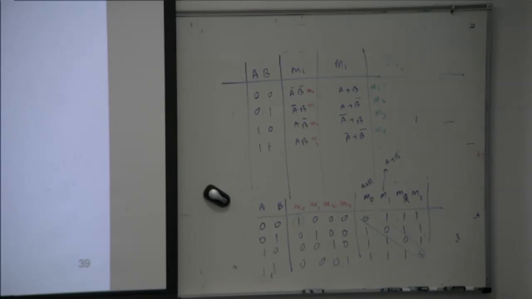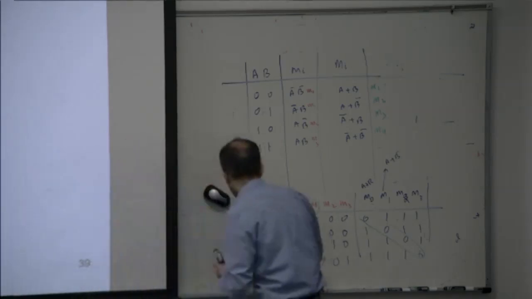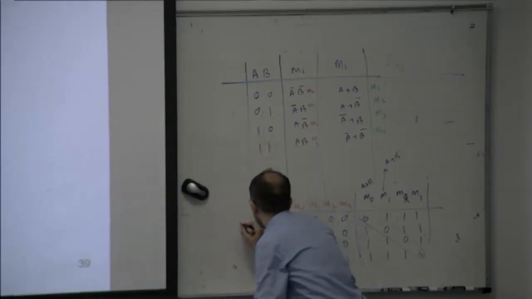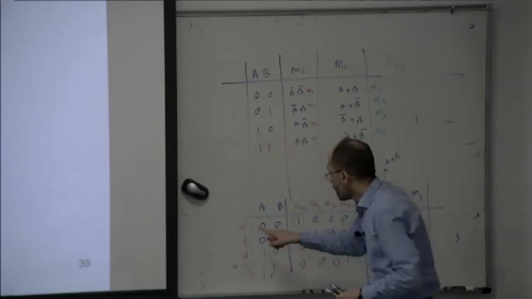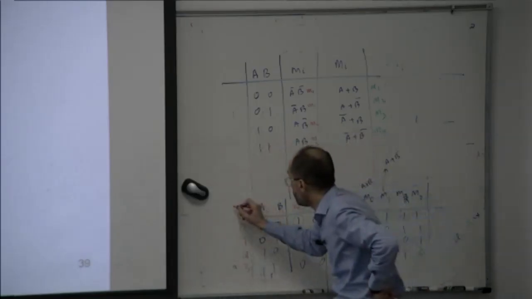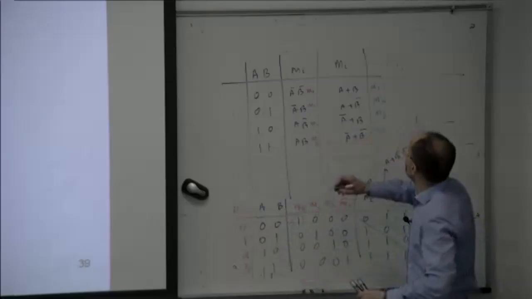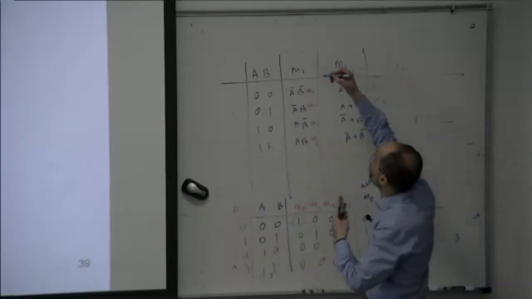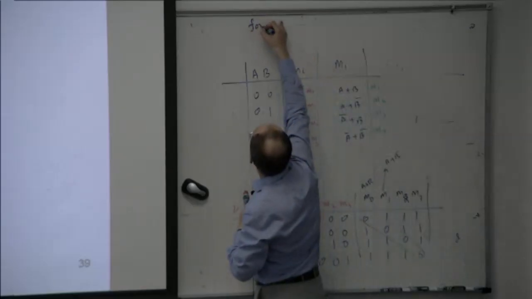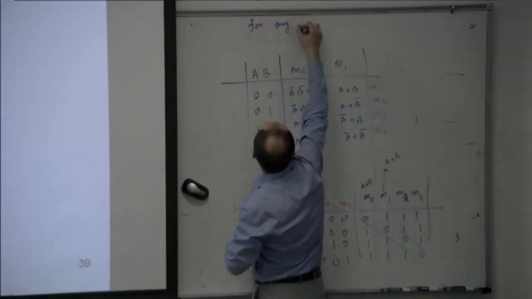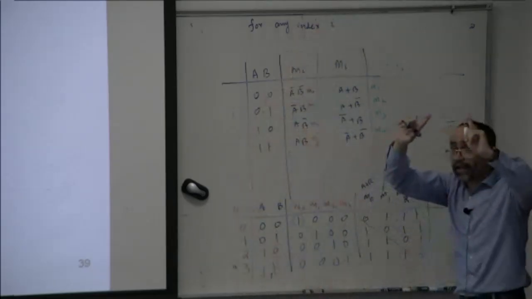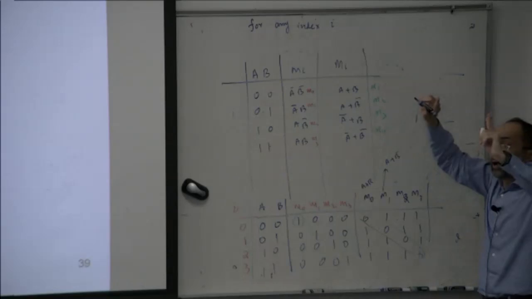What is the index now? The index here is 0, the index is 1, the index is 2, the index is 3. So for any index I, I'm writing in a very generalized expression, I can generalize this.